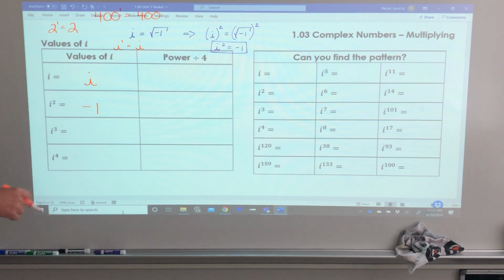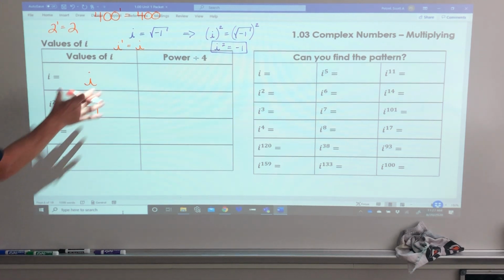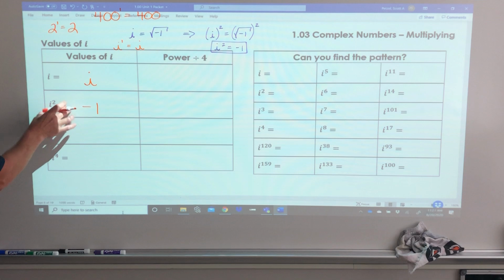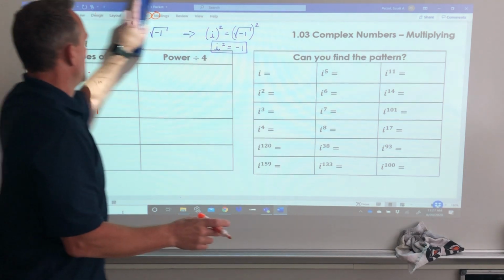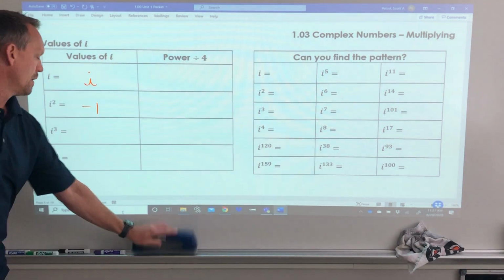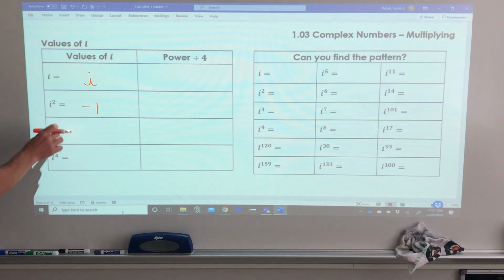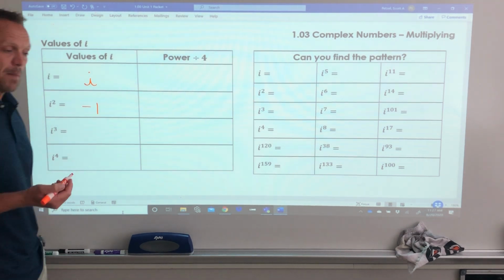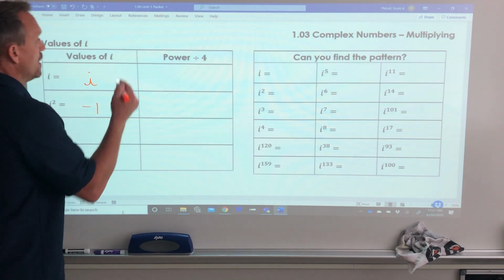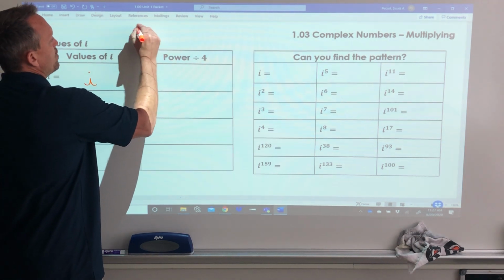I am going to erase some of this stuff because I don't want it to be all jumbled up. At the end of the day, we have i equal to i, i squared equal to -1. Now we have to determine i to the 3 and i to the 4. If you know anything about exponents, you should know that you can split these up.